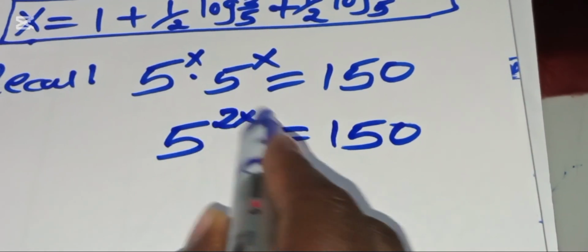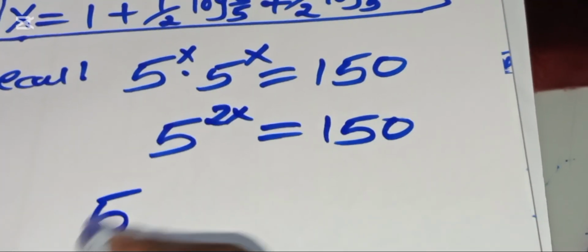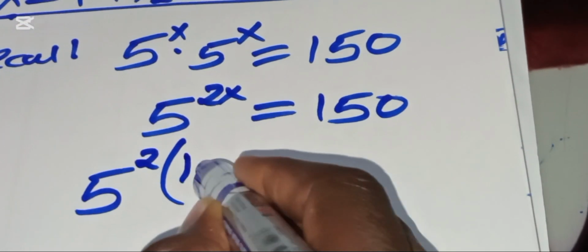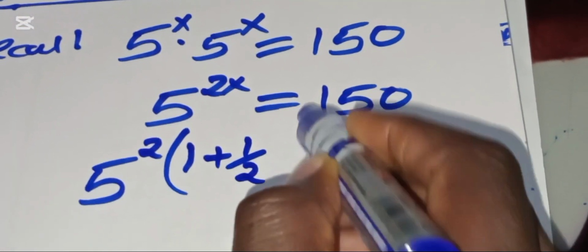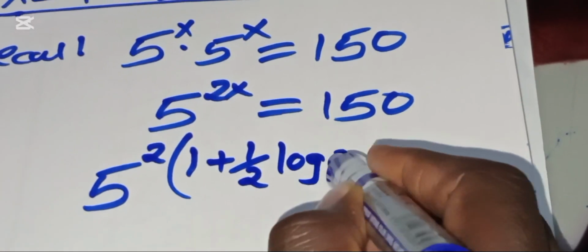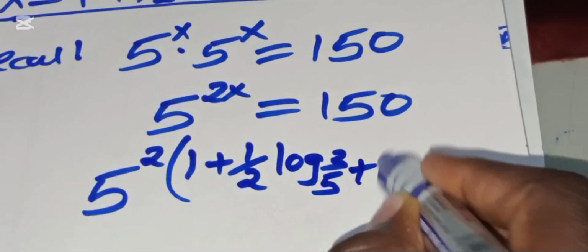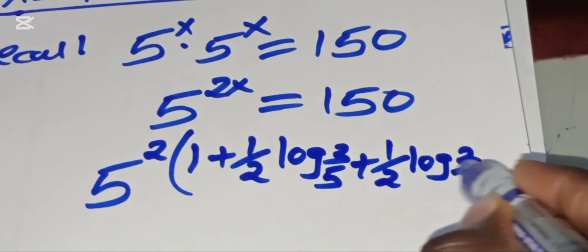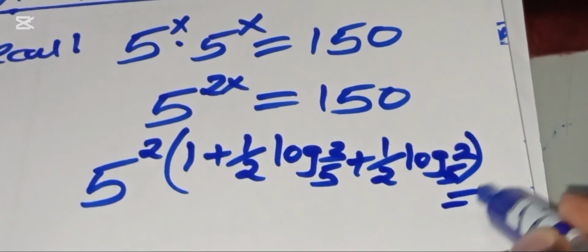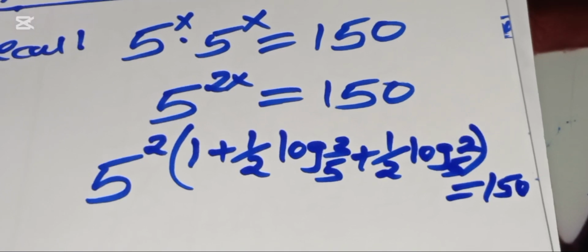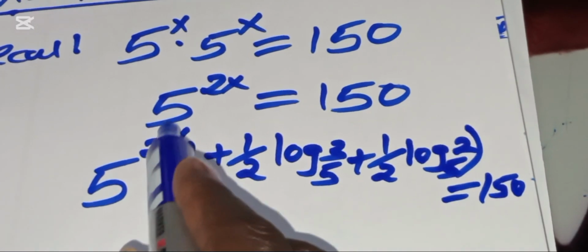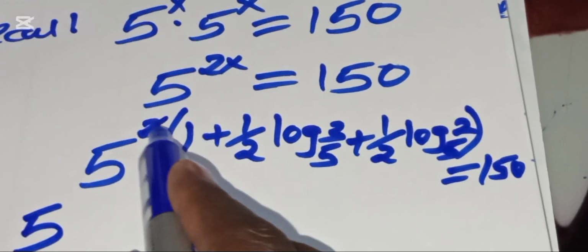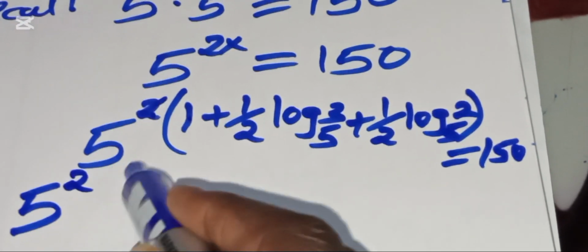Substituting the value of x, we'll have 5 raised to power 2 times (1 plus a half log 3 to base 5 plus a half log 2 to base 5). This is supposed to give us a value of 150. Let's simplify. The first one will have 5 raised to power 2 times 1, which is 2.